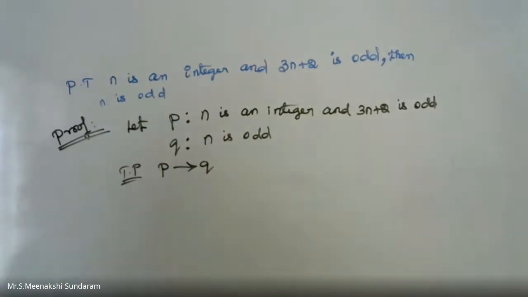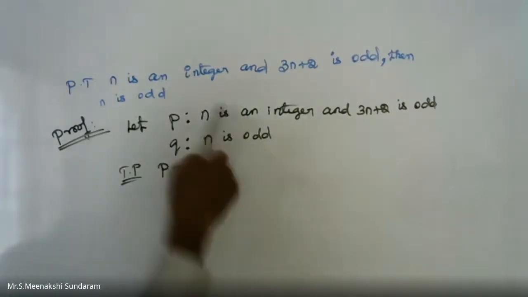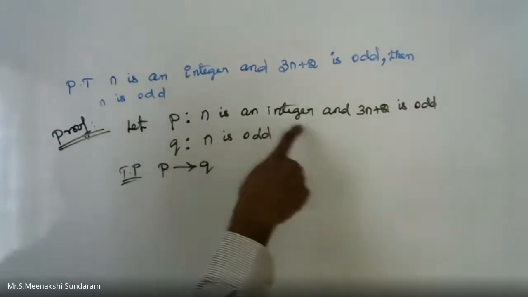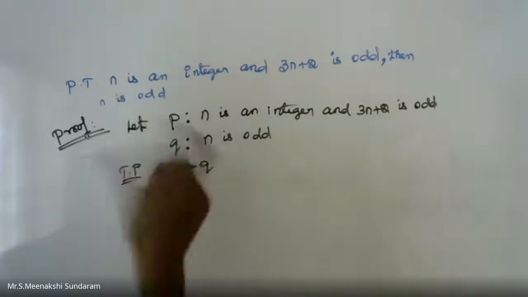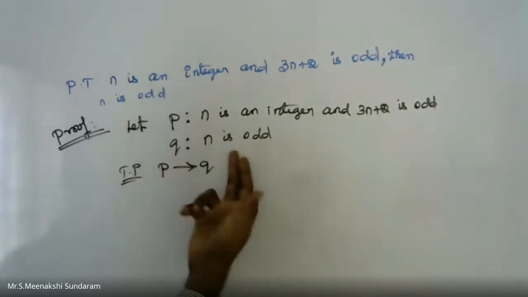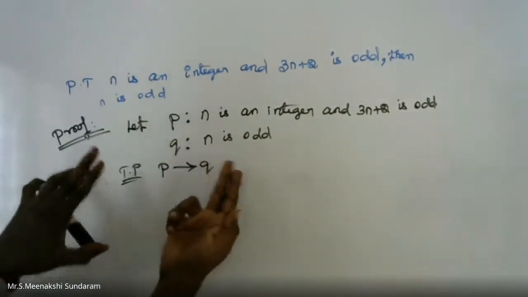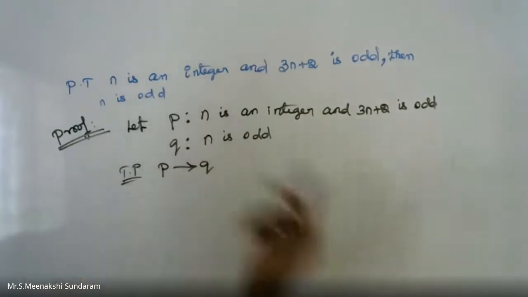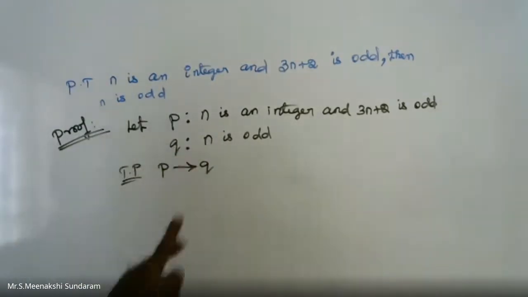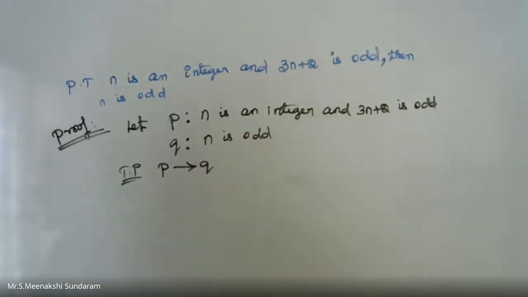Actually, this is the input, meaning this is easy. If n is odd, then we can conclude that 3n plus 2 is odd, which is easy for me. So this proof can be done by converse also. q implies p is also possible. Otherwise, I can go for the contrapositive statement.